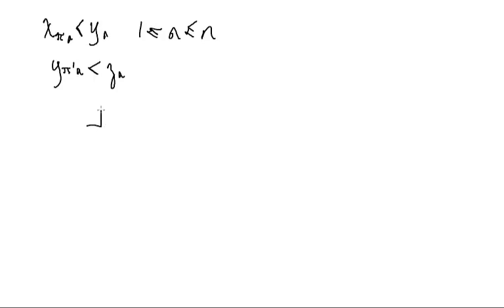let's say there exists ya such that there exists a z b, again for b between 1 and n, where ya is less than zb.